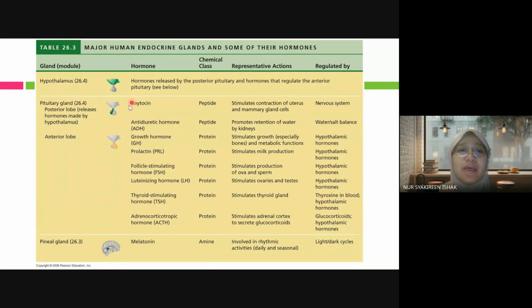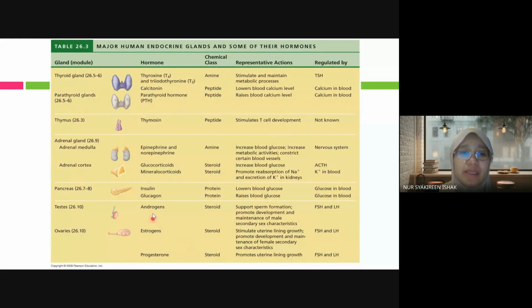For example, here oxytocin. Okay, so oxytocin is a peptide hormone. Okay, we have for example, hormones that are made up of steroids, which are the sex hormones, androgen, estrogen, progesterone, and there's the epinephrine, norepinephrine. They are hormones and also considered as neurotransmitters. Okay, so amines. Okay, and then this is modified amino acids.